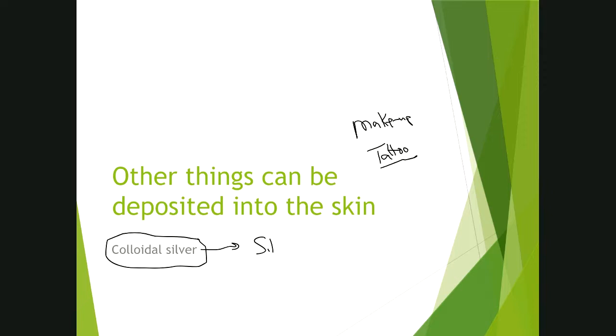And silver nitrate is actually used in medicine. Silver nitrate is put in the eyes of newborns because silver nitrate is antibacterial. It kills bacteria. It's also antiviral. It kills viruses. And it's antifungal.